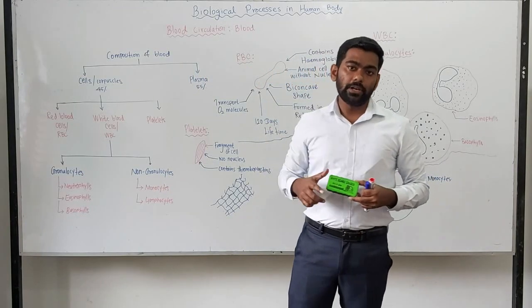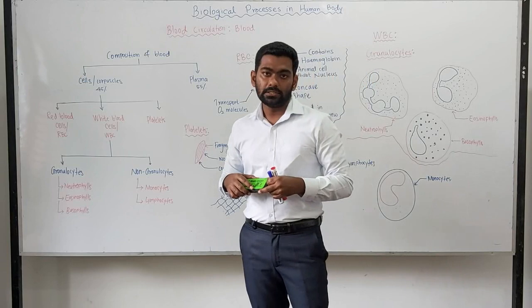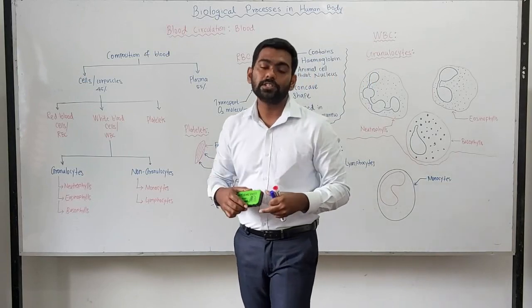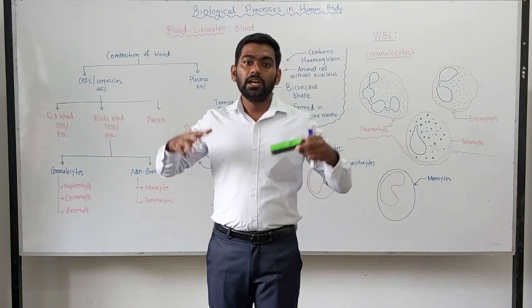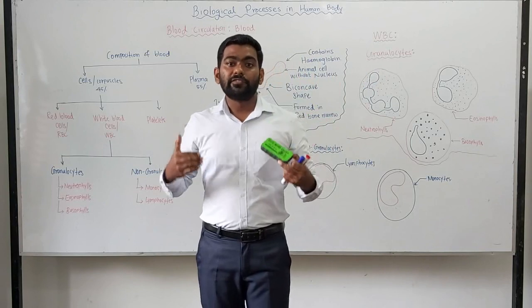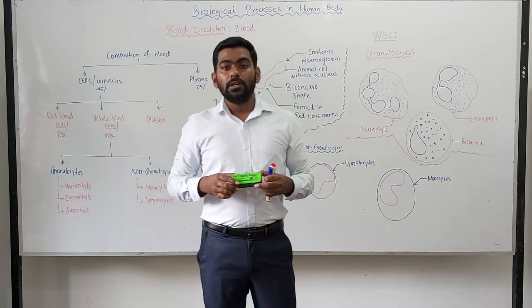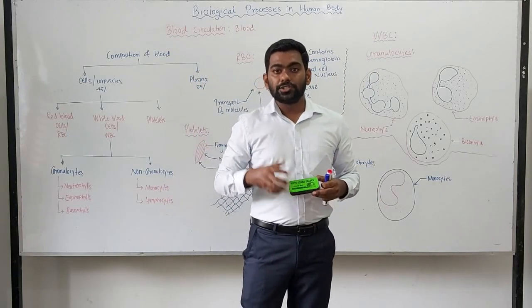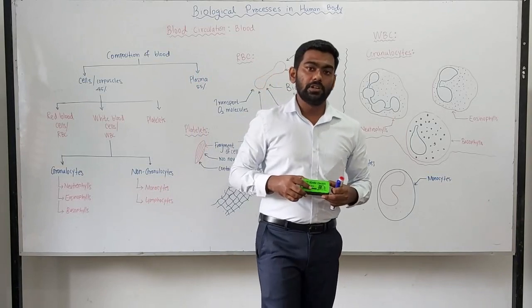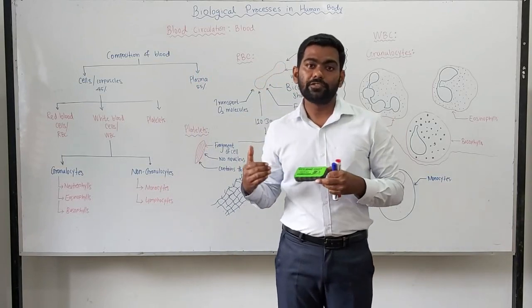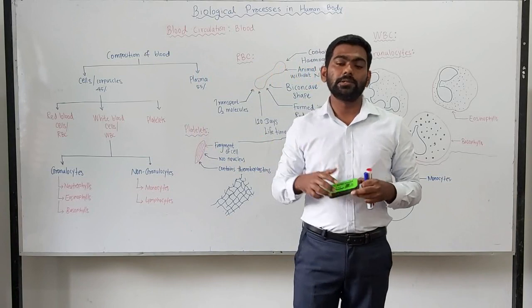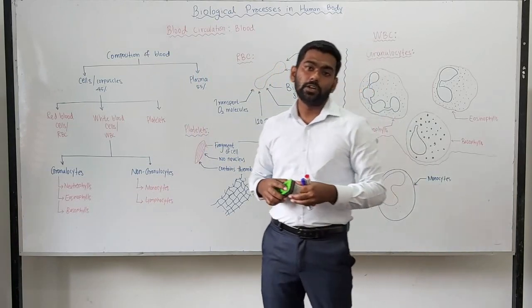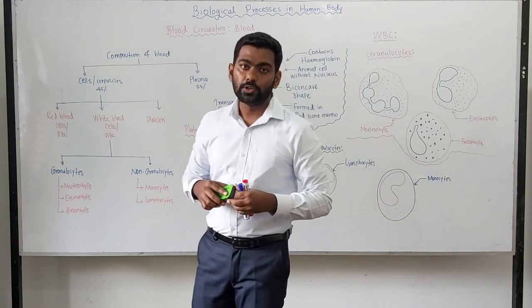So these two materials should be taken and given to all the cells. That's why the blood flows all over the body and takes materials from the different organs or systems and distributes them to the other organs. This is how it works.